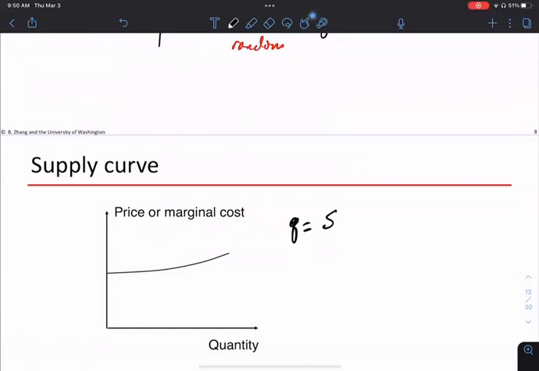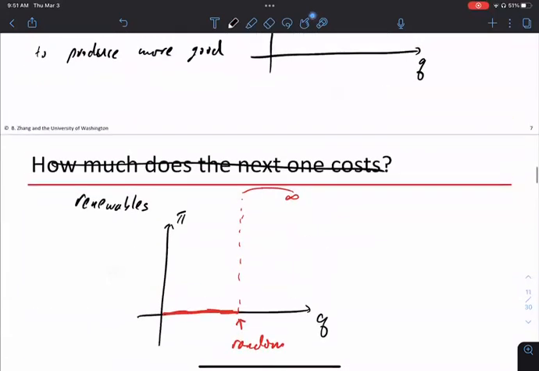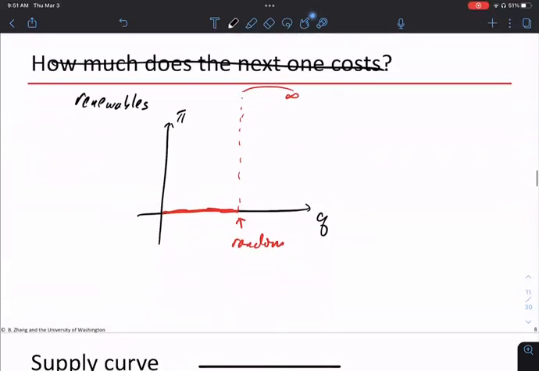So you have Q equals supply of price, and price as the inverse of Q. Renewables cause some issues for this because this curve is not invertible. There's no inverse to this curve, and that's a problem with this modeling.